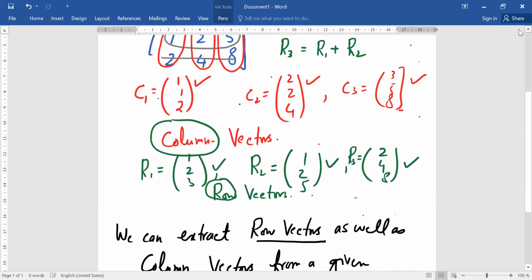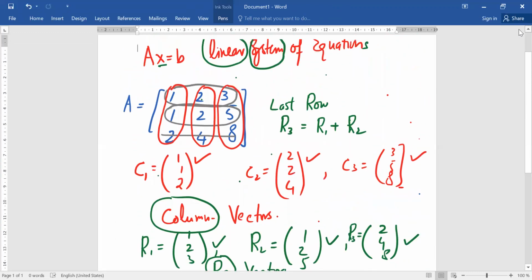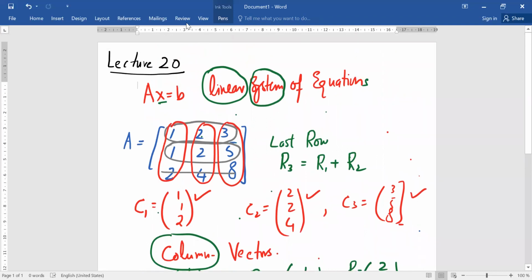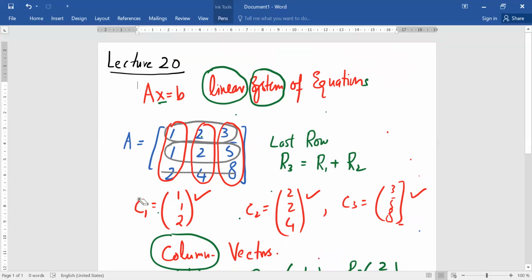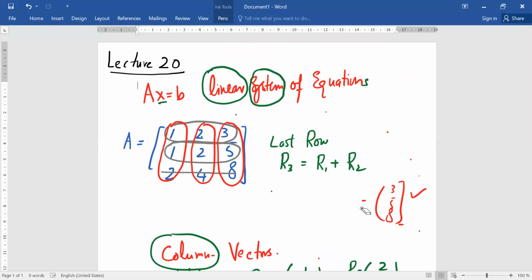Okay, so now we are going to look into the concept of row space and null space. And what we are claiming right now is that row space and null space, these two spaces are orthogonal to each other.